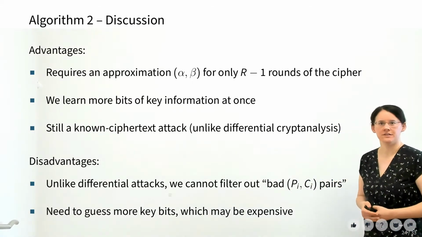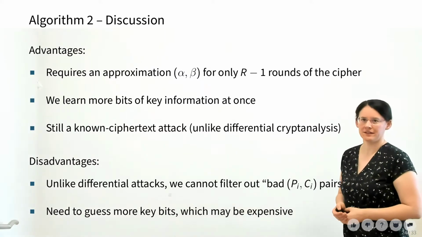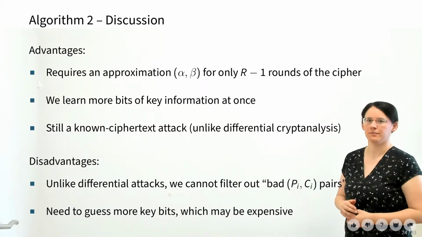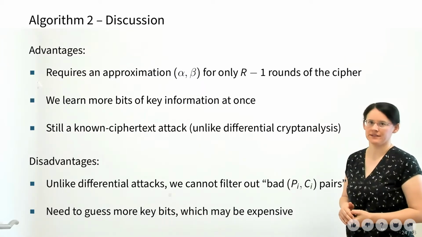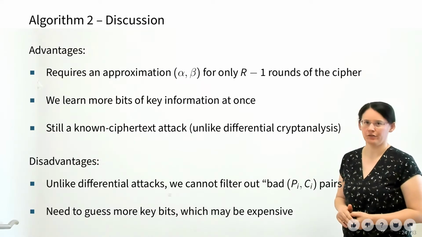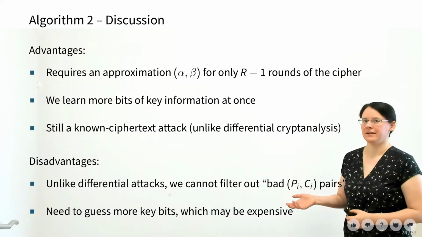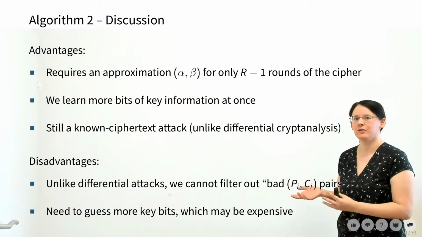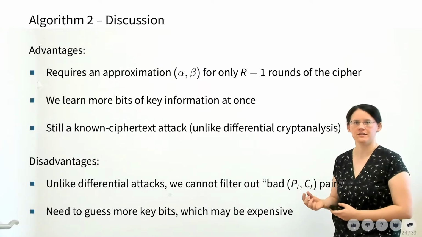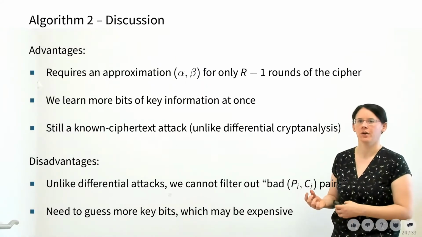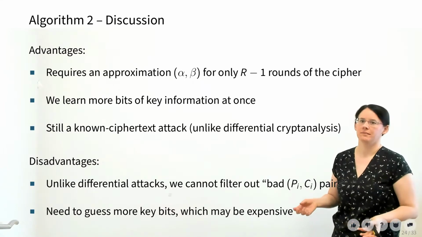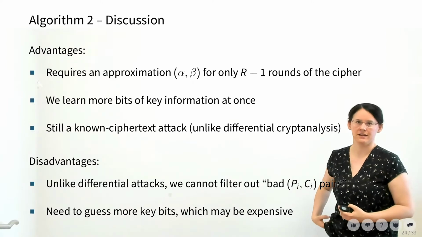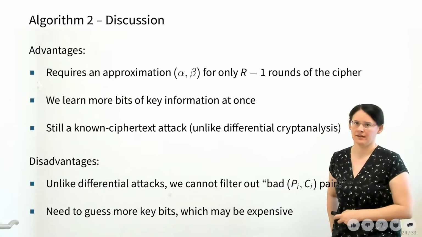What are some disadvantages? One very big disadvantage for the complexity is that I cannot filter out my candidate data in advance. In the differential case, I can very often look at my plaintext pairs and ciphertext pairs and already rule out some of them. They cannot have originated from the correct characteristic because they have, for example, some differences in the output where there should be none. By kicking them out earlier, I reduce the total attack complexity a lot because I only need to look at the remaining data.